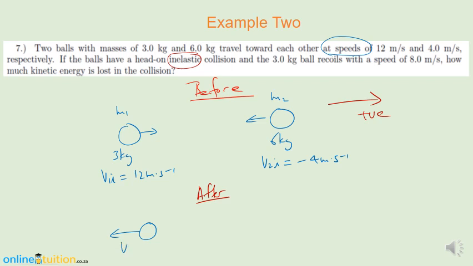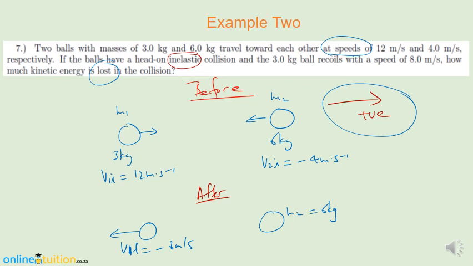So they gave you V1F as minus 8 meters per second. You have to stick with my sign convention. We don't know what happens to the other ball, so let's give that M2, its mass does not change, 6 kgs. If we want to know the kinetic energy that's lost in the system, we better know how fast M2 is moving after the collision.